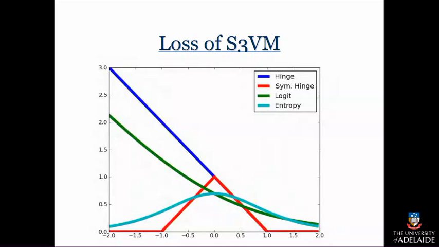We don't access the label, so we don't want the loss to go infinitely. And because this loss is non-convex, that makes the optimization problem very challenging.